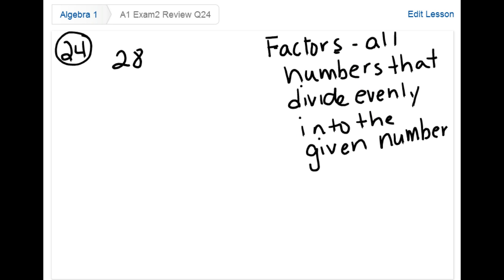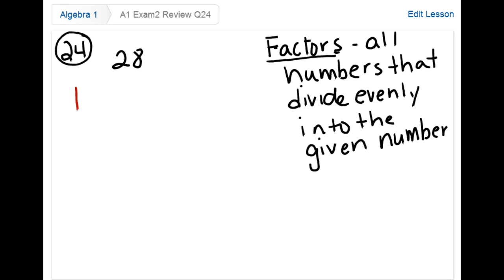Question 24. Find the factors of the number 28. Then classify the number as prime or composite. Now remember, factors means all the numbers that divide evenly into the given number. So we want to think of numbers that divide into 28.